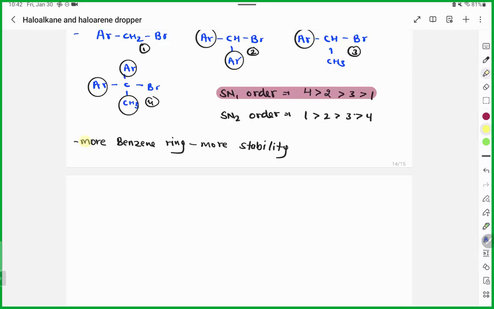So in 2 and 4, more benzene rings are stable, but out of these two we have to choose one. Then you have the second thing: instead of more stability, SN1 more reactive.